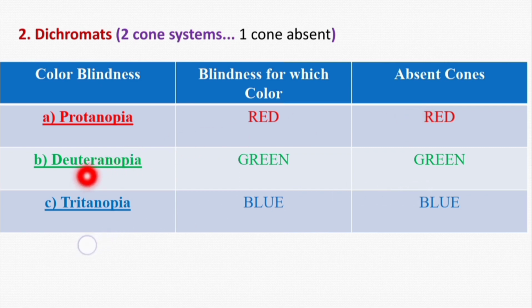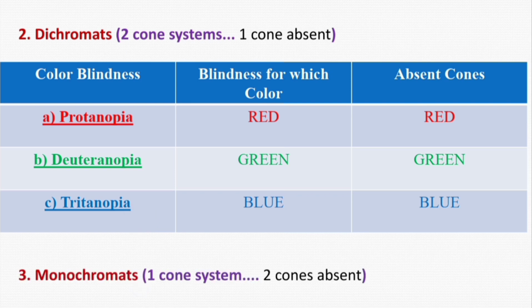Deuteranopia is that form of color blindness in which the individual is blind for the green color and green cones are absent. Likewise, in tritanopia, the individual is blind for blue color and has absent blue cones. The person will be called a tritanope.